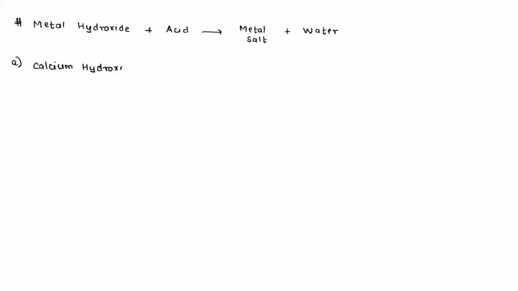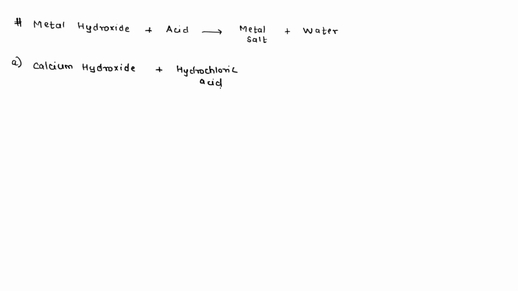I'm going to give you example on metal hydroxide plus acid gives you metal salt plus water. And for this, I'm going to give you 2 questions. A, calcium hydroxide plus acid, let's take hydrochloric acid.